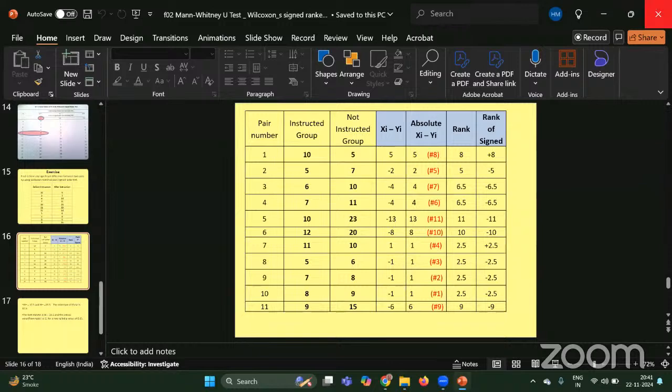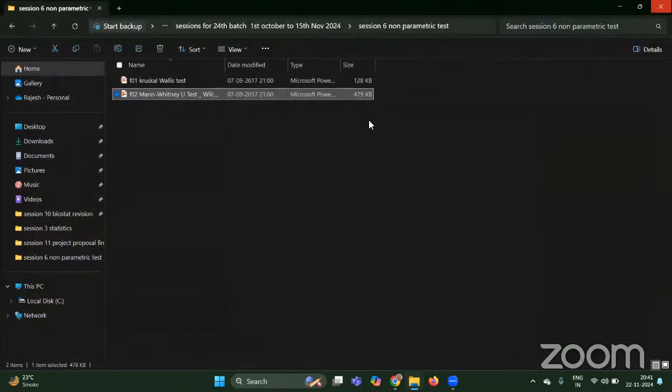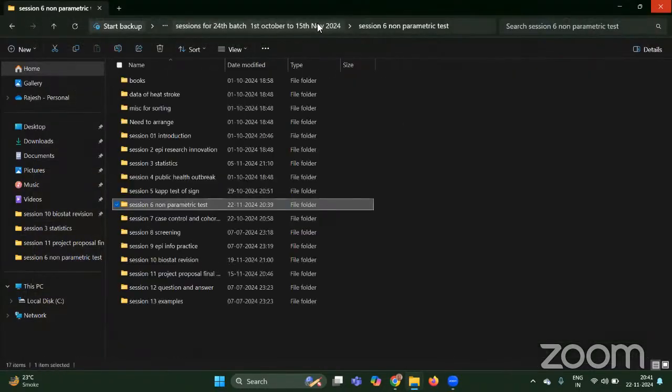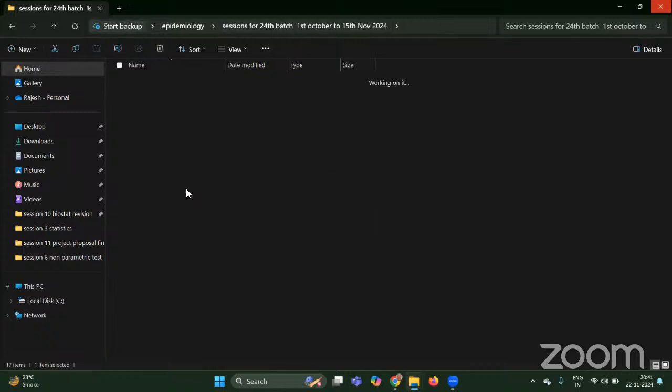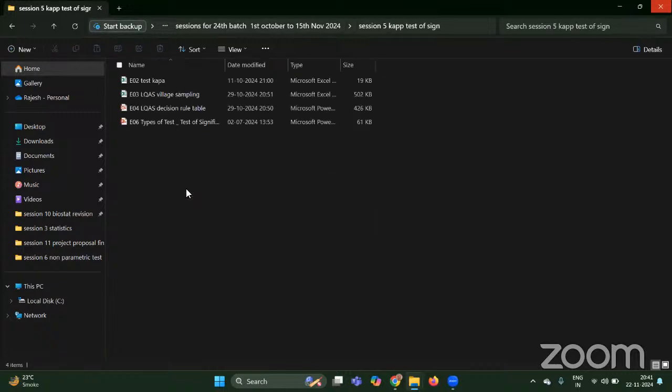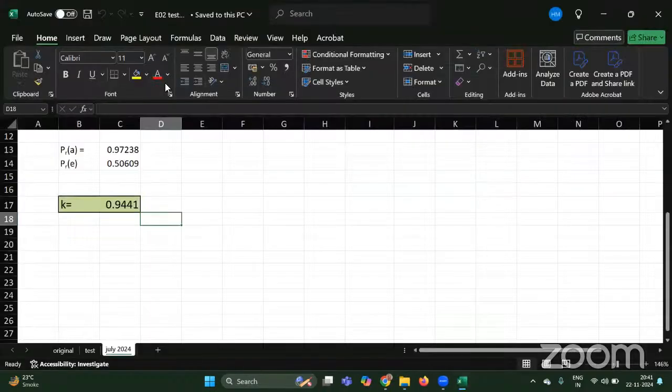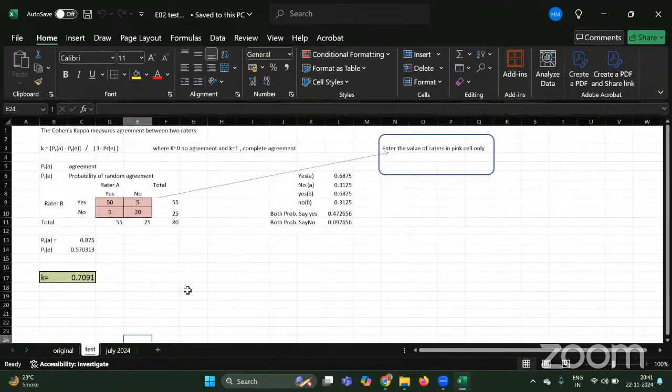Then there is something other than this also, where you want to compare judgment between two examiners, judgment between teacher and student. At that time, you are going to use kappa test. So it is like this.